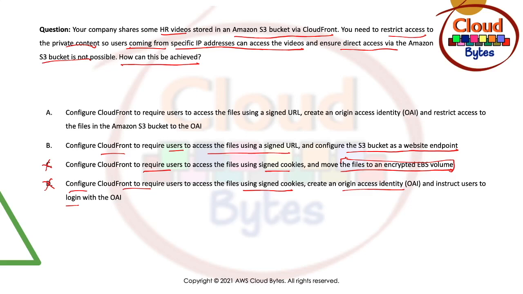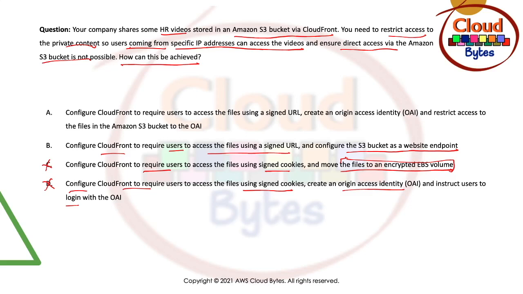And in that, you can actually specify IP ranges, IP addresses that you allow your users to come from. If you use a CloudFront signed URL or a signed cookie to limit access to your file in your S3 bucket, you may want to prevent users from directly accessing your S3 file, in this case by just going through S3 URLs.